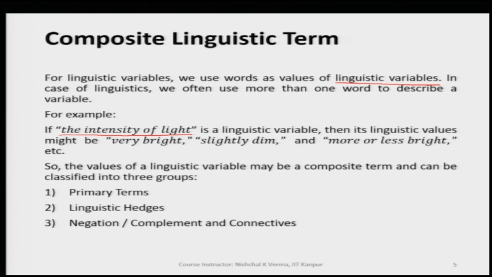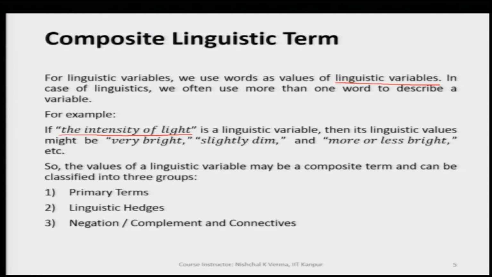So, intensity of the light basically here, if we are taking this as the linguistic variable, what is the generic variable, how we are going to measure the intensity of light, how we are going to represent the intensity of light, let us say it is x. So, x is the generic variable, and then the universe of discourse is capital X, the range within which we are supposed to take the generic variable values. And then the term set.